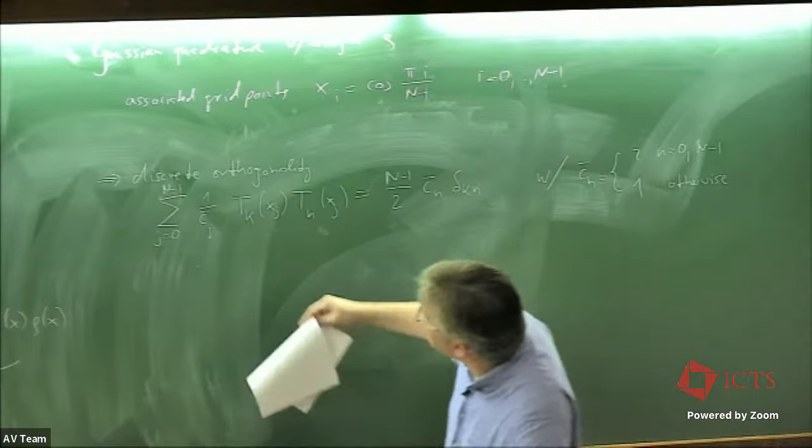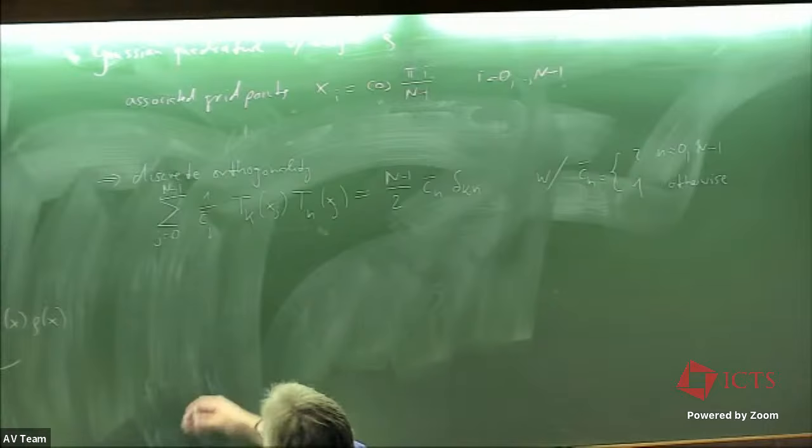And now, using this discrete orthogonality, we can finally write down what our transformations are.